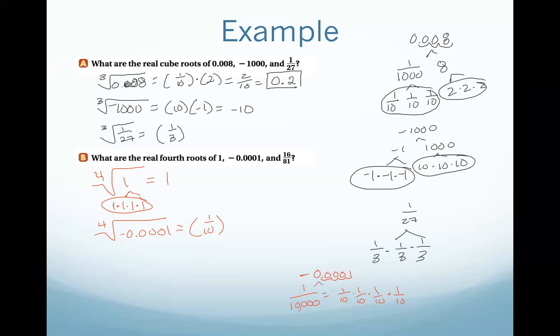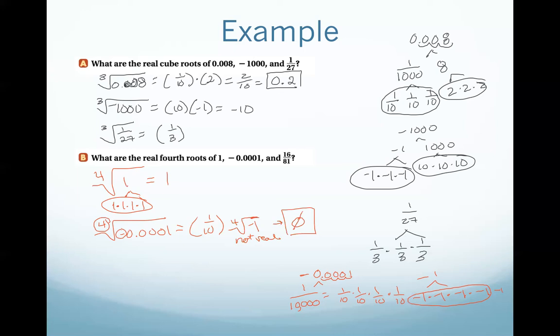So negative 1, I can do negative 1 times negative 1 times negative 1 times negative 1. 4 of those will make it positive. I need another negative 1 to make it negative. So there's no group of 4 negatives that will give me a negative. So this is left as the fourth root of negative 1, which is not real. So if I have an even index and a negative number, this means no real solution.